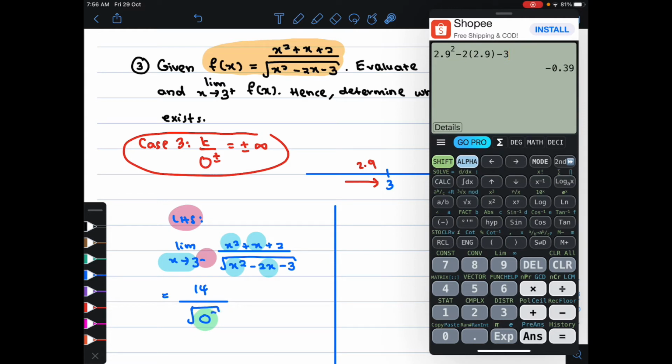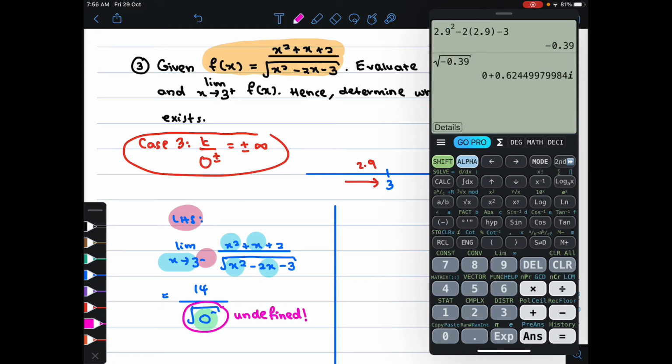But be careful, 0 minus means that it is a negative value. So here we have square root of negative 0.39. You can see that this will give you a complex number. And hence, the square root of 0 minus is undefined. Therefore, there is no answer for the limit from the left hand side.